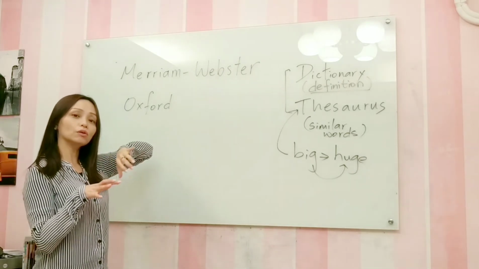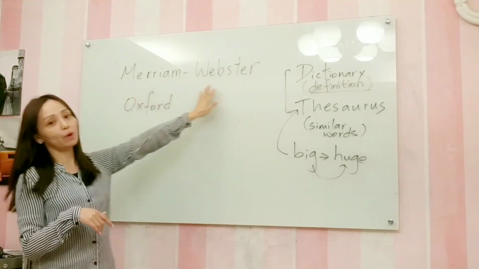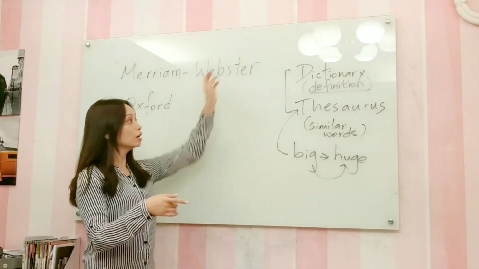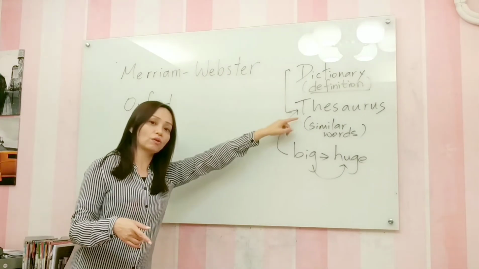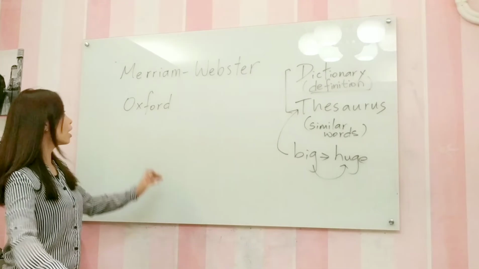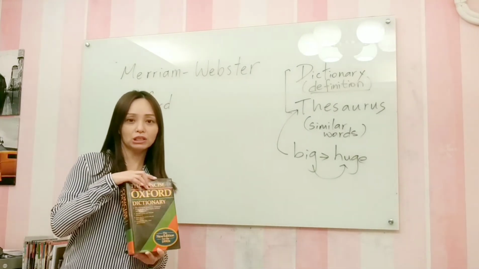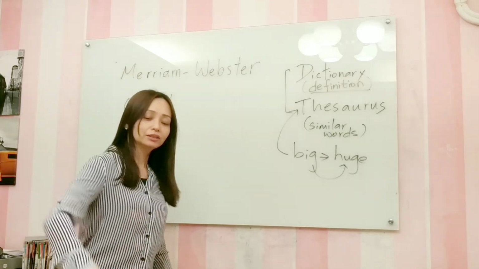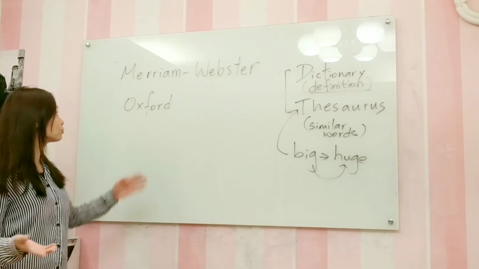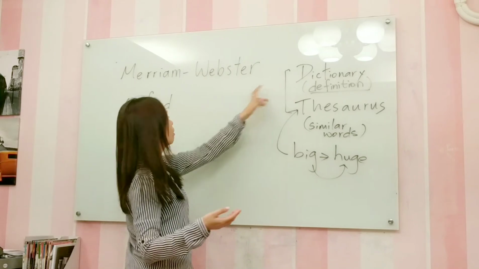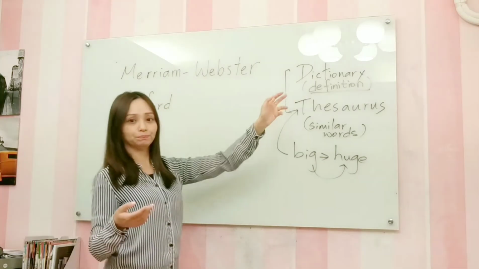So on Google, you have to type in Merriam-Webster in order to find the dictionary or the thesaurus. And then for Oxford, I think everybody knows because most of our readers are from Oxford. You can also look up words from Oxford Dictionary or Oxford Thesaurus.